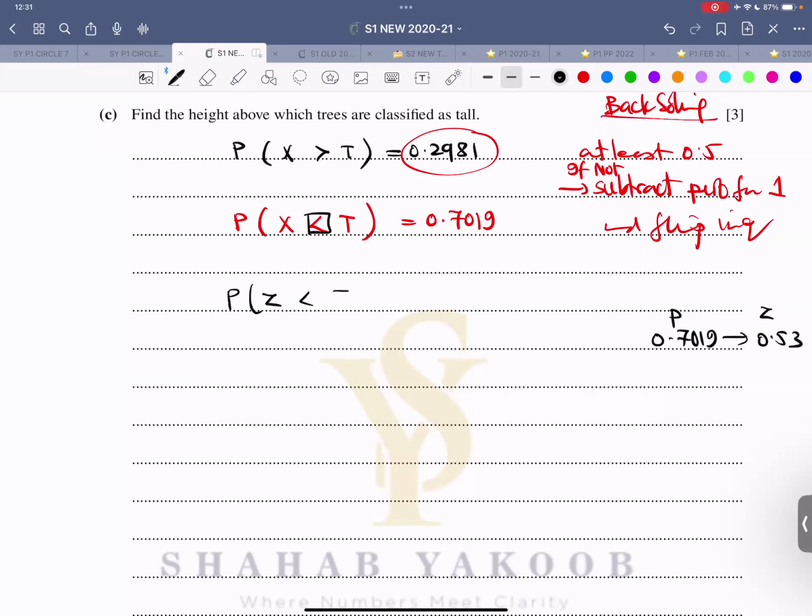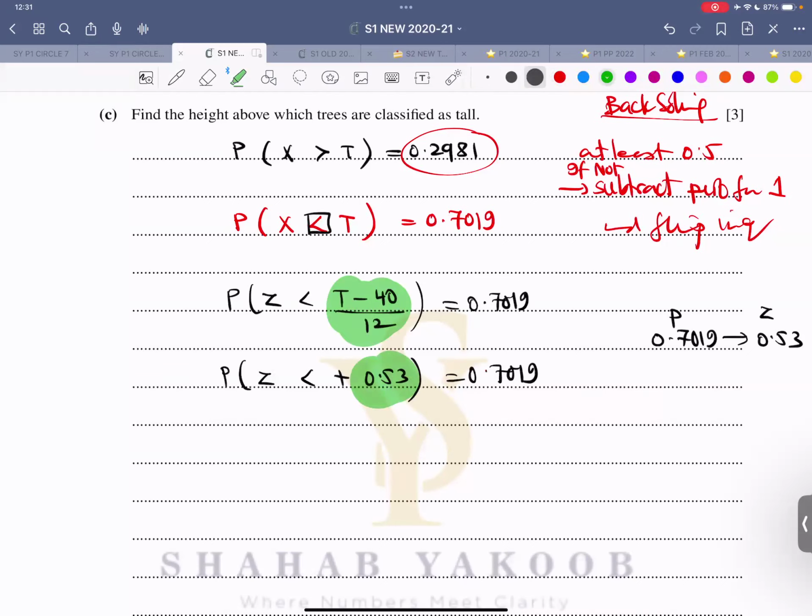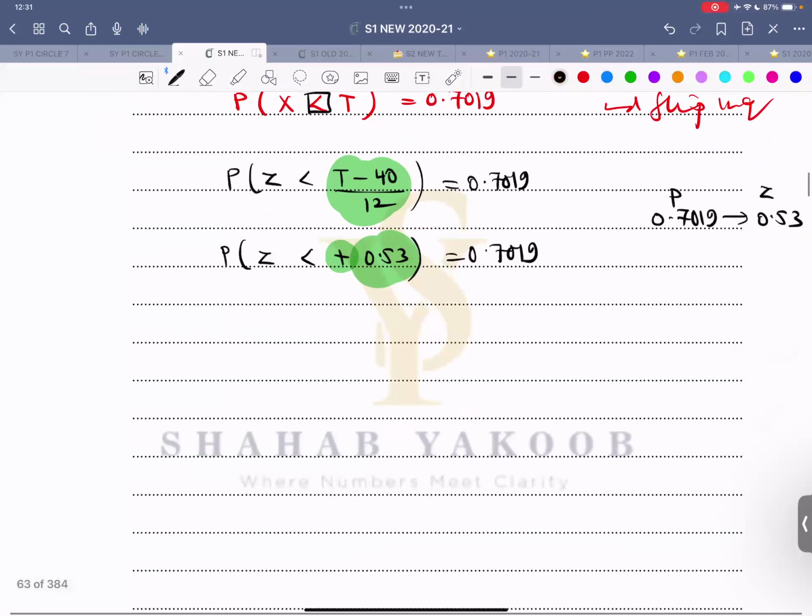Probability Z is lesser than (T minus 40) over 12 is 0.7019. Probability Z is lesser than a positive value, which is 0.53, is 0.7019. Now do the working. This thing over here should be equal to this. So (T minus 40) over 12 is 0.53.